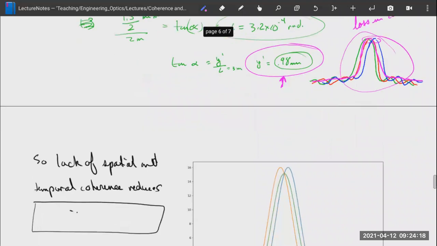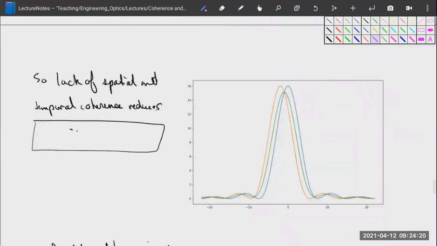Here's an example, just by the way, where I've plotted two of these interference patterns together, an orange and a blue, and then I added them together, and the result is the green. And you can see the green has a wider peak than either of the two individual interference patterns, and it's shallower.